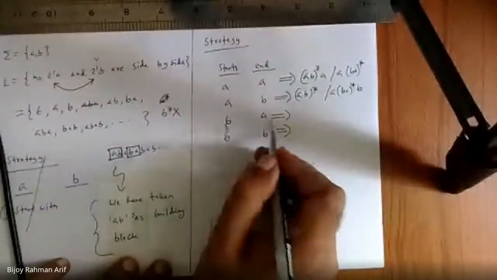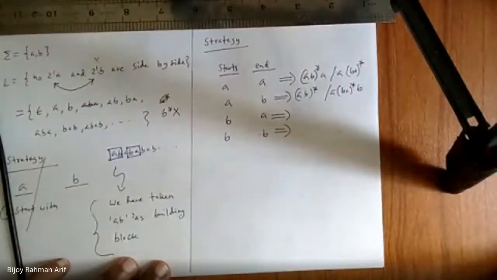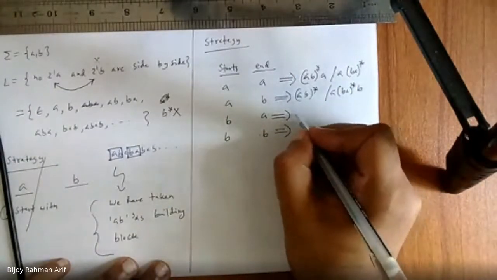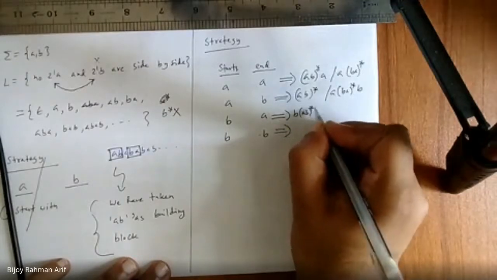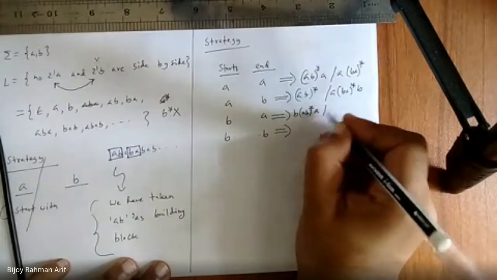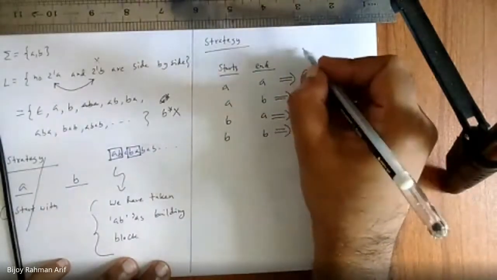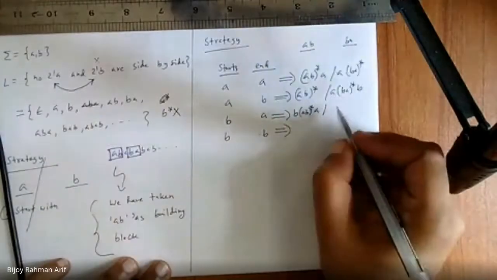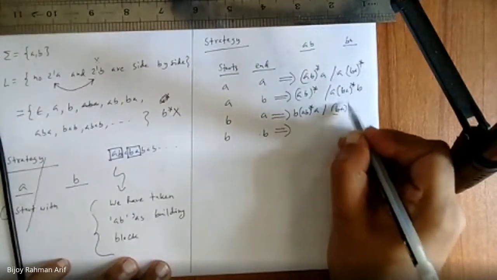Starts with B, ends with A. How can I write this? B AB star A. Am I right? And if we write with BA as the building block, it is nothing but BA star.